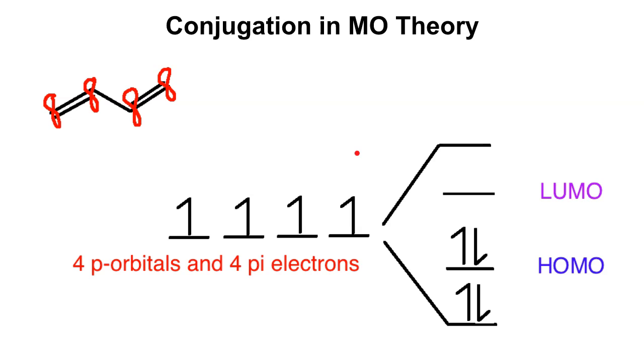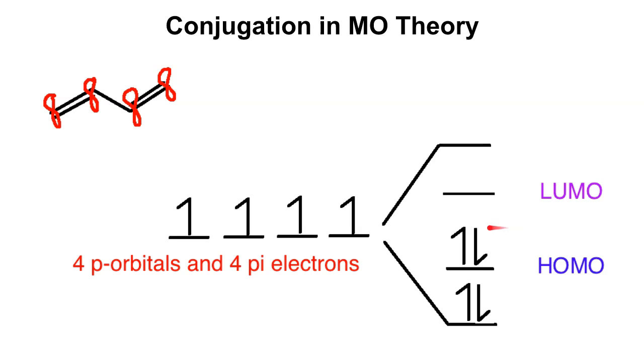Okay? Now, when we get ready to look at this from an MO perspective, we take these and we create what would be the bonding and the anti-bonding orbitals. So the lower 2 orbitals here would be the bonding orbitals, and the higher 2 would be the anti-bonding orbitals.